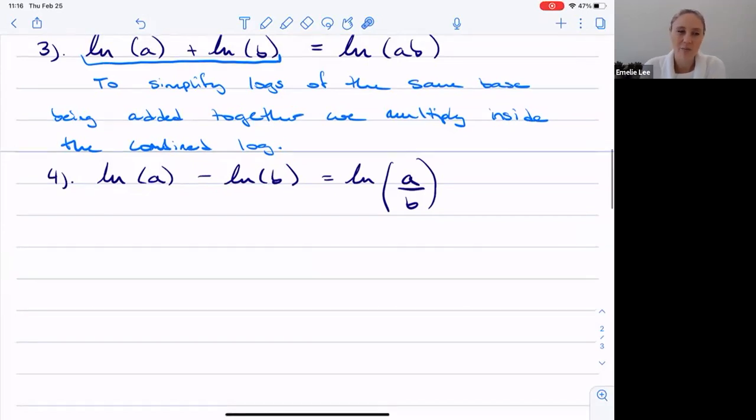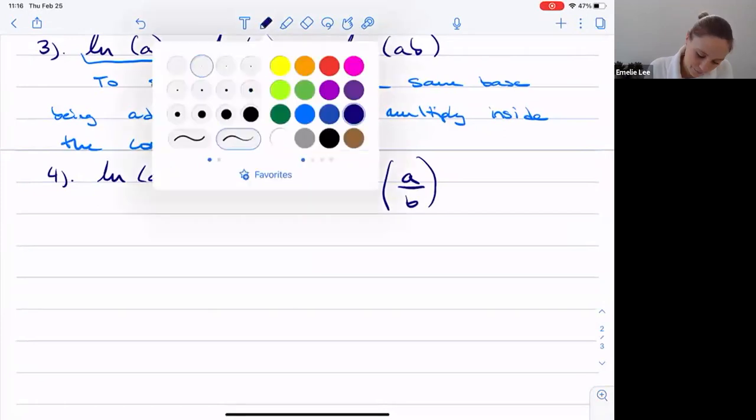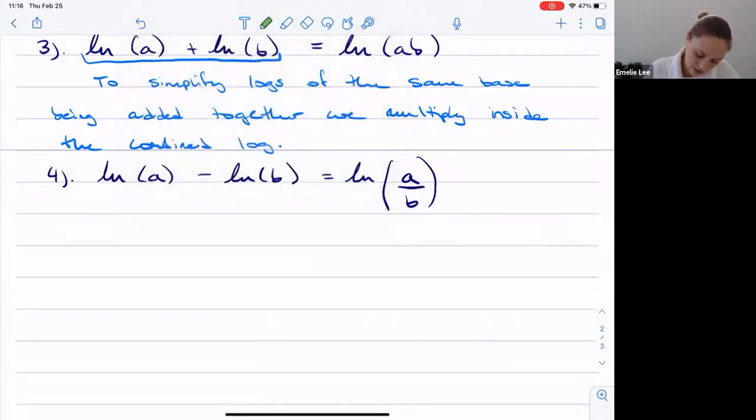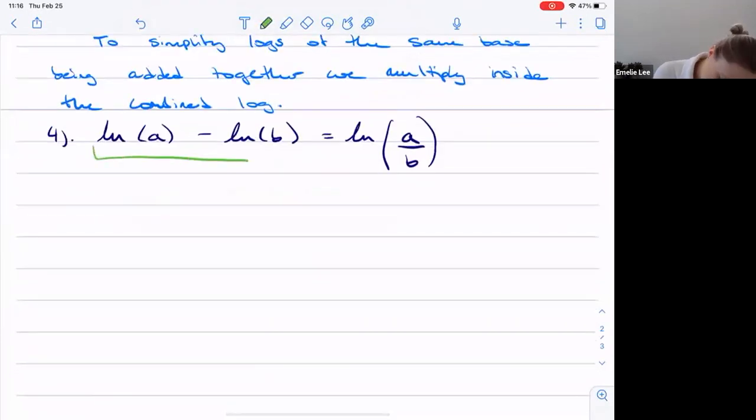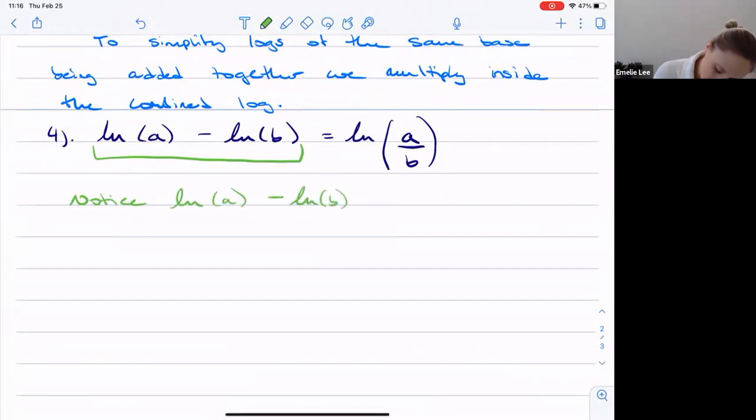We don't really need law number 2, but notice that the log of a minus the log of b is the same as the log of a plus -1 times the log of b.